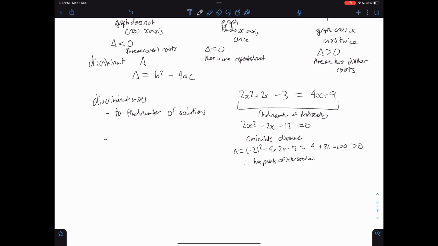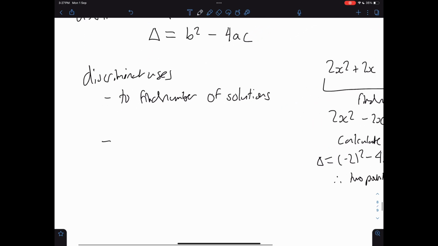The other use of the discriminant, it's not really a use, it's just something that could be helpful, is seeing if it is factorizable.